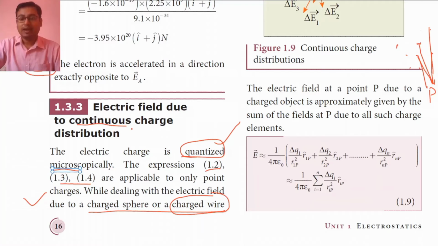Charges are equally spaced and arranged properly on the wire. In that situation, because of all the charges, what will be the electric field at point P? That means because of this charged wire.